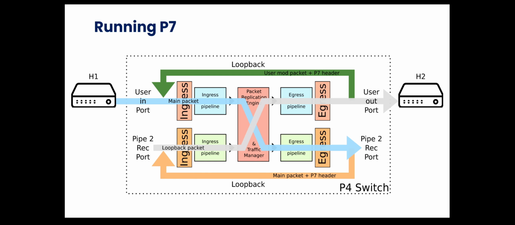Then it is processed by the custom P4 code, and at the end we return this packet to the main pipeline. So we return the packet to the P7 processing, and then at the end of the topology, the packet is directly forwarded to the user port. So it will be sent to one of the servers in one of the end interfaces.